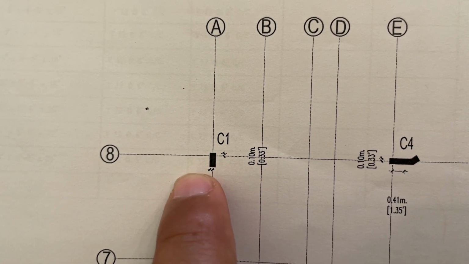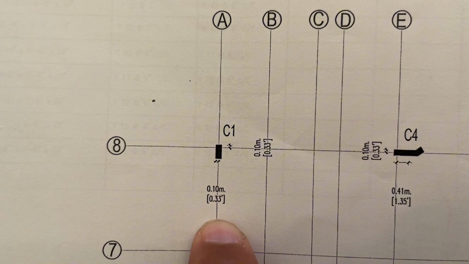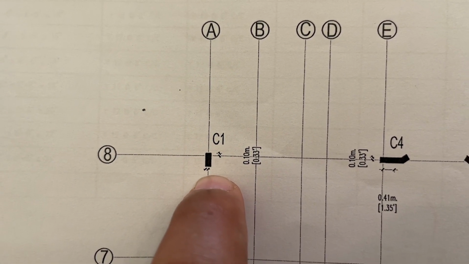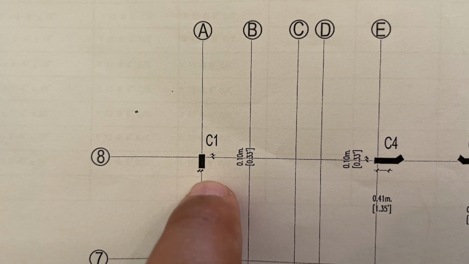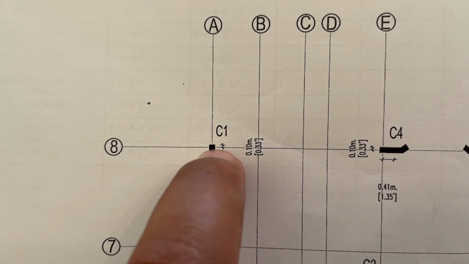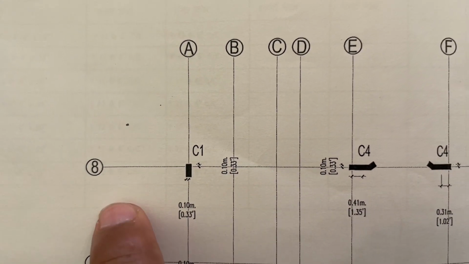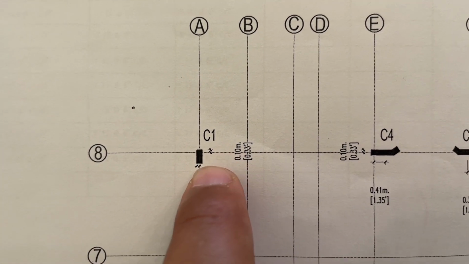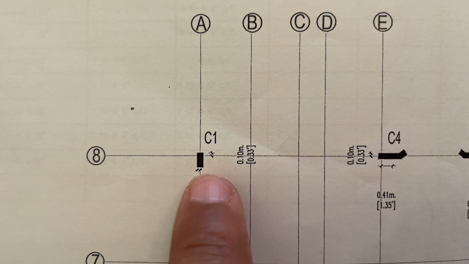So here is your column location, here also 10 centi, because the column's cross section is 20 centi. So 10 from here, 10 from this horizontal and 10 from this vertical. These are your layout details, that is, how you will put this column.